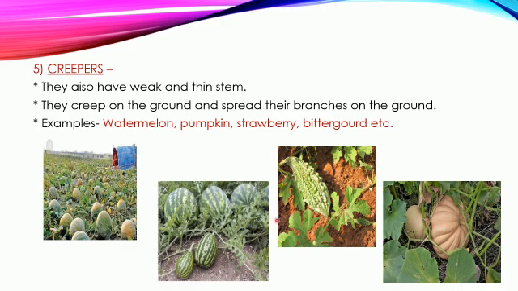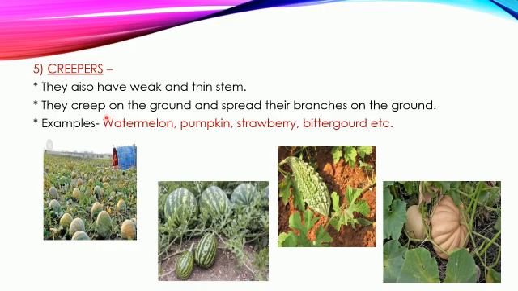Pumpkin. So these plants, they creep on the ground. They don't stand straight like trees and shrubs and herbs. They creep on the ground and spread their branches on the ground. See, these are the branches. They have spread on the ground only. Examples are watermelon, pumpkin, strawberry, bitter gourd. Grass is also there.